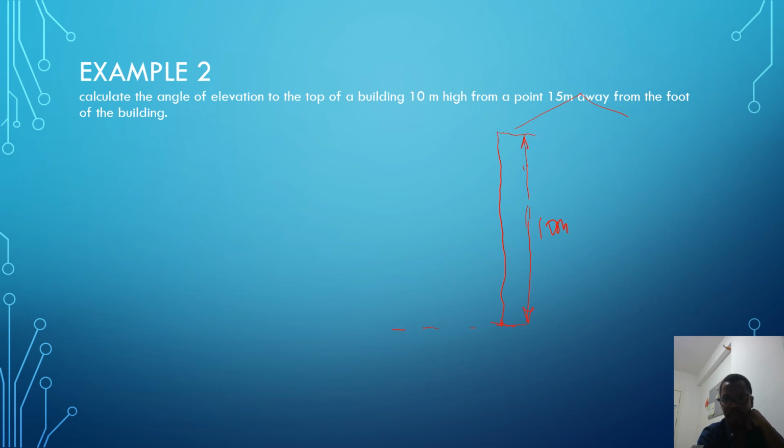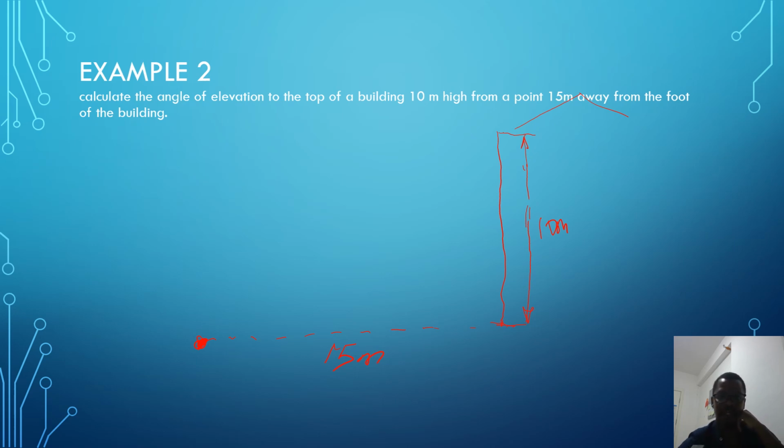So from that foot of the building, away from that foot of the building, about 15 meters. So height of the building 10 meters, but you are standing there, 15 meters away from the foot of that building.